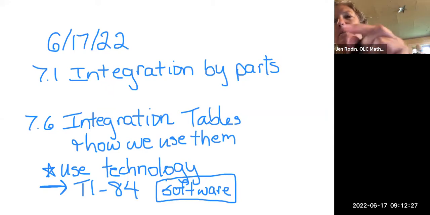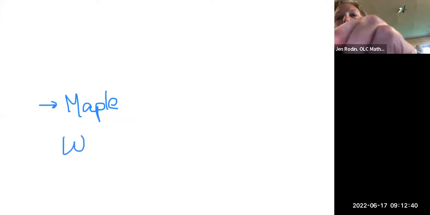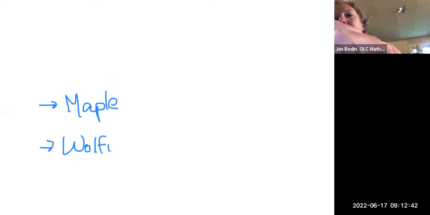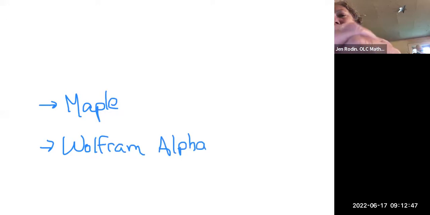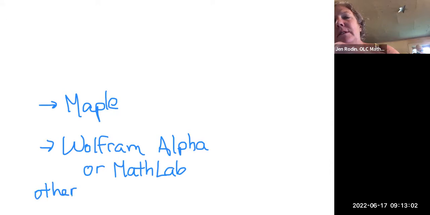The software I just mentioned, Maple, is one that our book talks about. One of my students came from Mines, and he used Maple a lot. He really liked it. And then there's also Wolfram. I think Wolfram Alpha is the phone app, and it's kind of limited, or Wolfram MathLab. Is it MathLab or MATLab? I think it's MathLab. There are some other older ones too, but you could look around if you're interested.